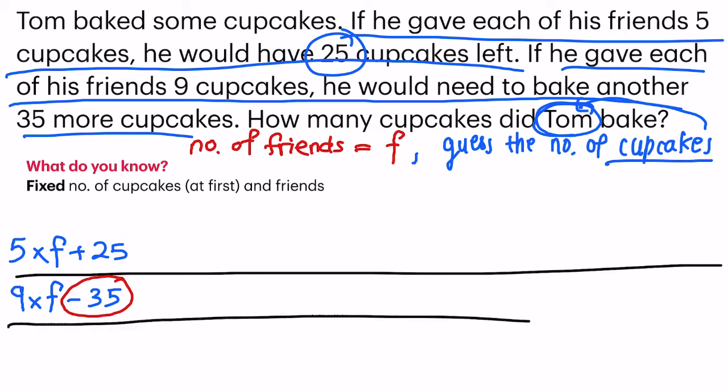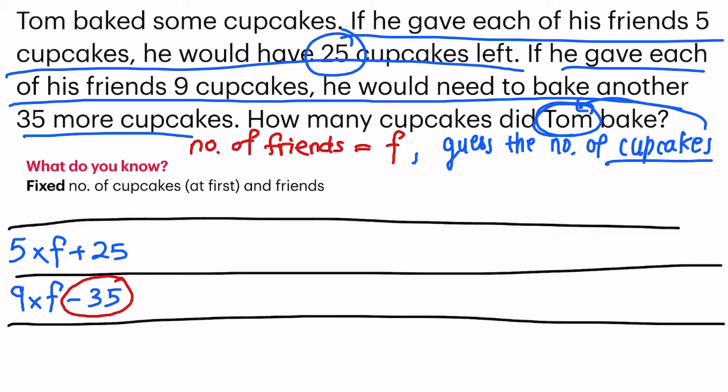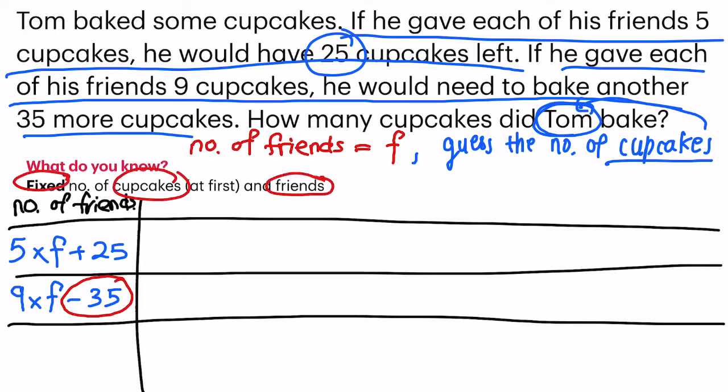So based on these 2 scenarios, we have to guess the number of friends. And remember, the number of cupcakes that he had baked is fixed, and the number of friends is also fixed. So we should get the same number for the number of cupcakes.